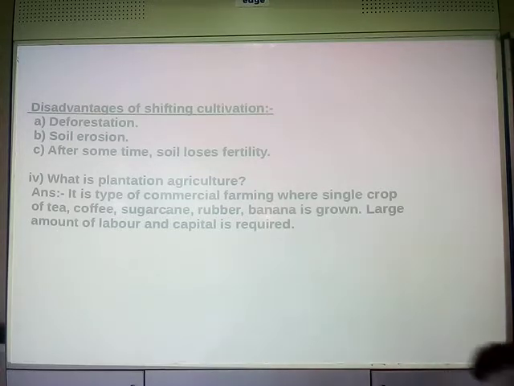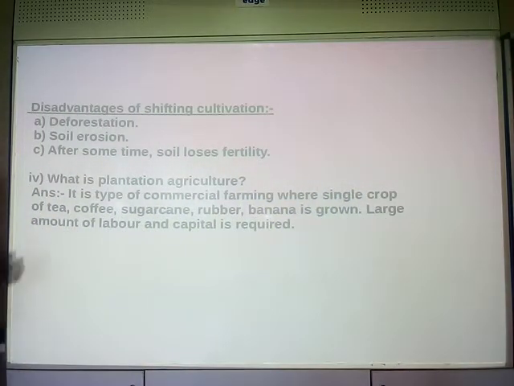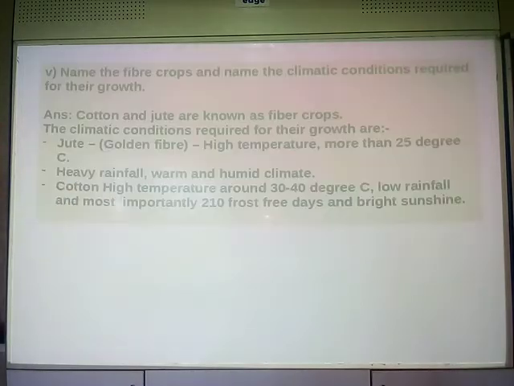So this is the meaning of plantation agriculture. All these things are written in very simple words, mind you, very easy words. So you have to make points and remember the things.